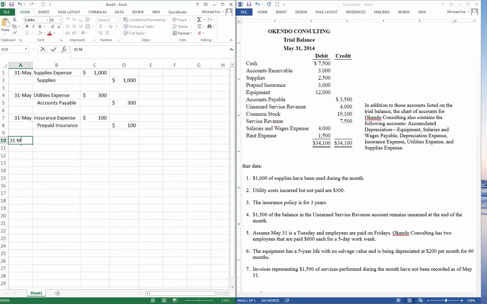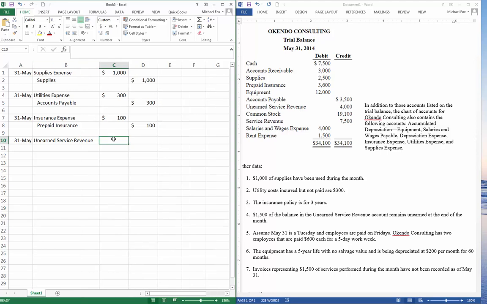Anyway, so on 31 May, you see the unearned service revenue has a balance of $4,000. So we're going to debit the unearned service revenue account $2,500. That means we've now earned $2,500 worth of that revenue.